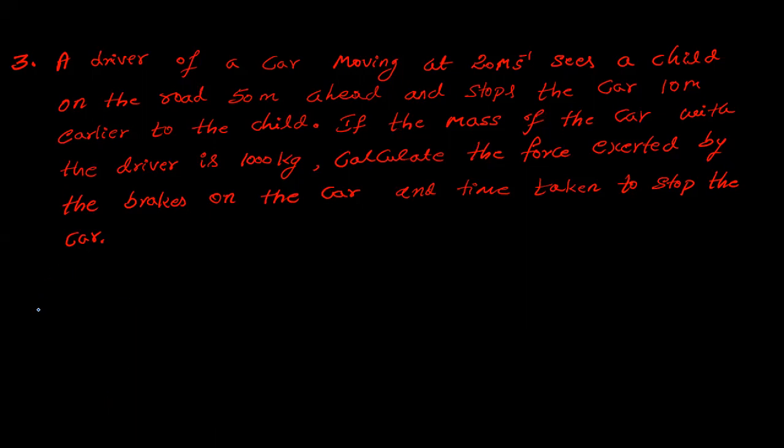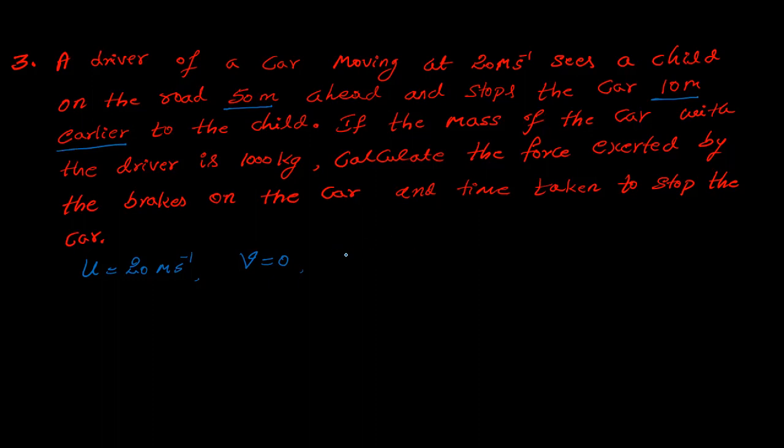Okay. First write the data, initial speed of the car 20 meter per second, and finally the car stops, right? So your final velocity becomes 0 and the displacement. Look at there, the driver stops the car 10 meter earlier only to the child.